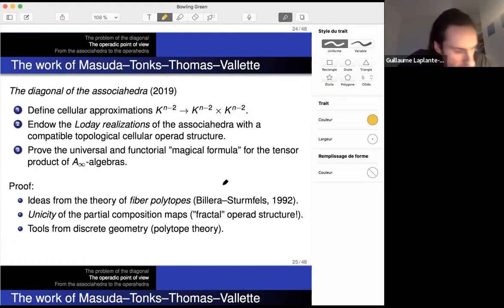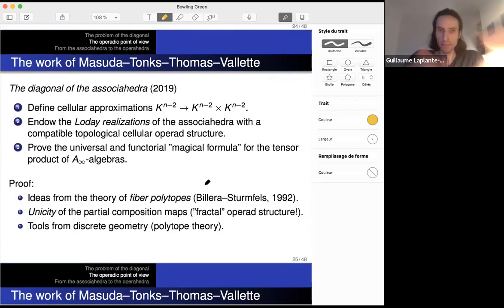Another salient feature is that once you fix a diagonal approximation, then you have a unique operad structure that is compatible with it, and this operad structure is really fractal in nature. I think it would be quite interesting to have someone in dynamical systems look at it. And they solve this problem by using tools from discrete geometry.